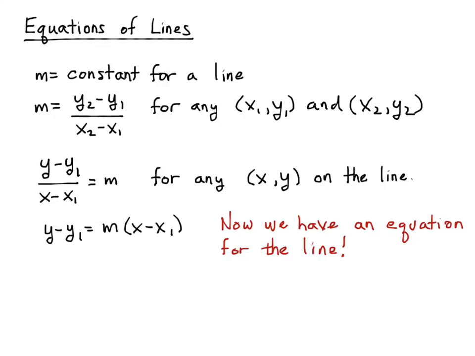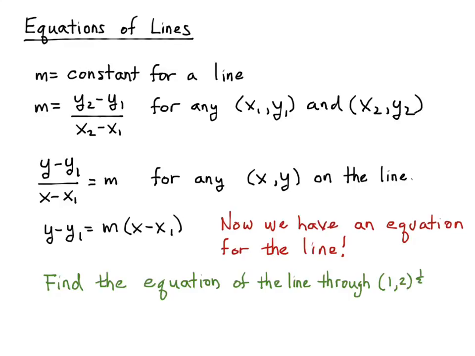I know the point x1, y1, and I know the slope because I have x1, y1, and x2, y2. I can actually make the equation of the line simply by leaving the x and y in place here.